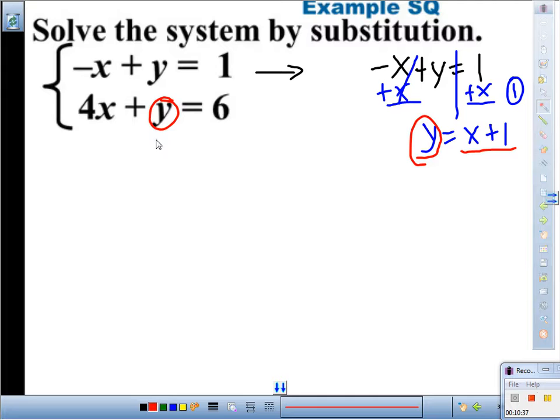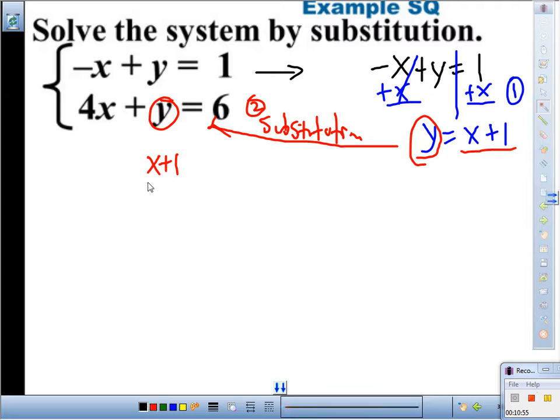But instead of y, what would we write? X plus 1. That's why this step is called substitution. Step 2 is substitution. So instead of y, I'm going to write x plus 1. Then I'm going to rewrite the rest, x plus y equals 6. Is it coming back? Copy that, please, and then we'll finish it off together.